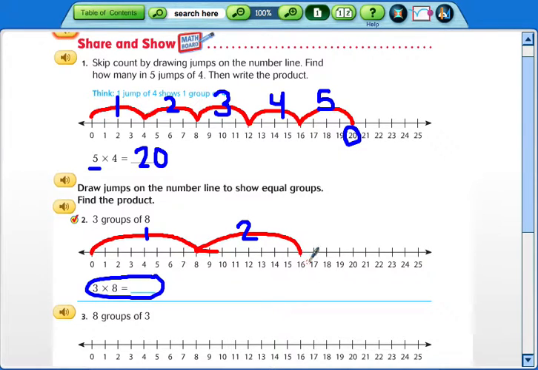I'm going to count 8 spaces again. 1, 2, 3, 4, 5, 6, 7, 8. Okay? And that is my third jump. So I'm done. I've got 3 jumps, 1, 2, 3, with 8 spaces in each jump. So what number did that land me on? That landed me on 24. So my product or answer is 24.